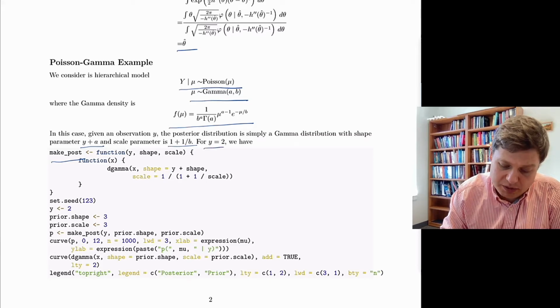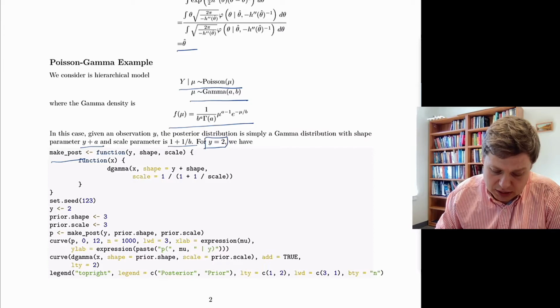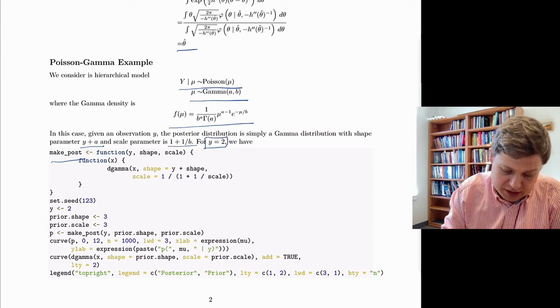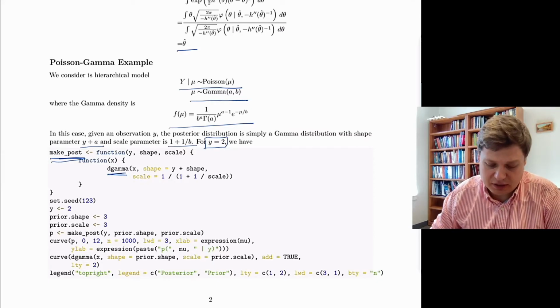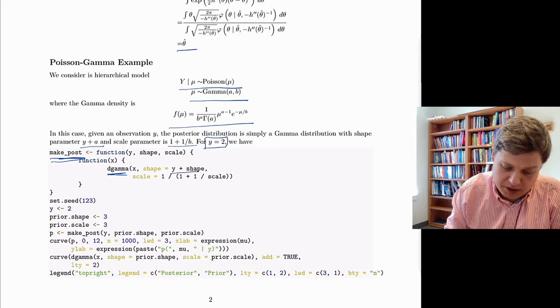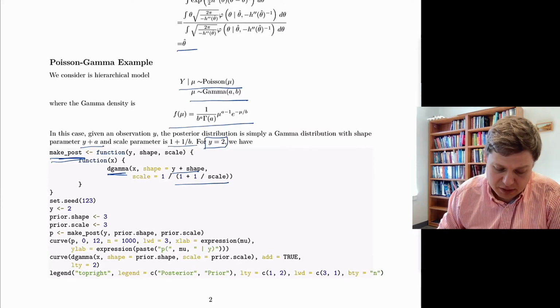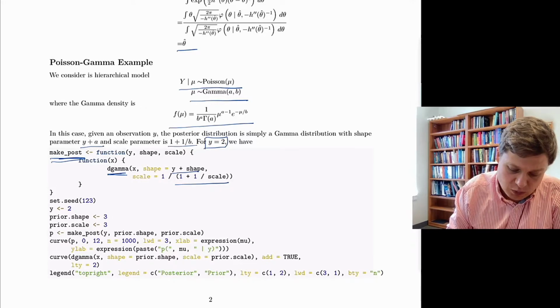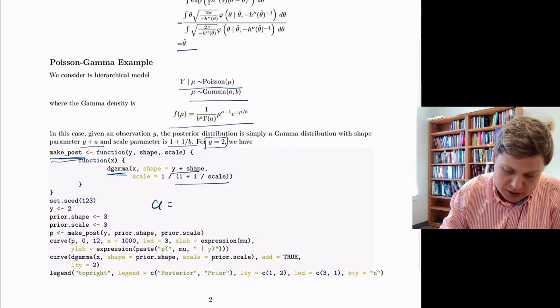And let's say we observe y equals 2, and we will make posterior a function that basically calculates this density of the gamma distribution with the posterior values: y plus the prior shape, and 1 divided by 1 plus 1 over the scale. And let's say we start with a equals b equals 3 in this case.